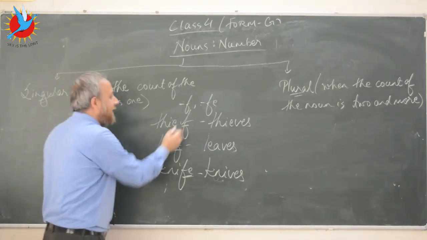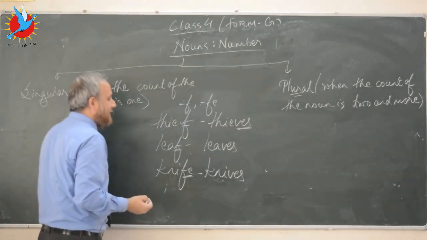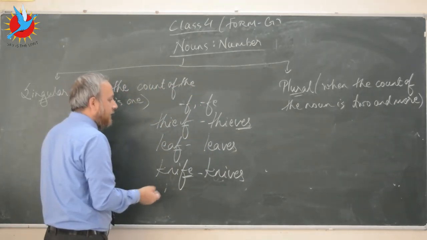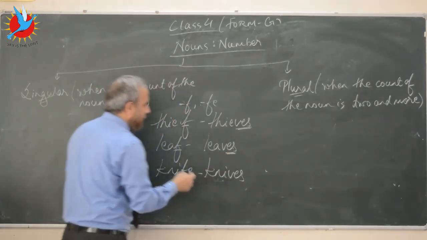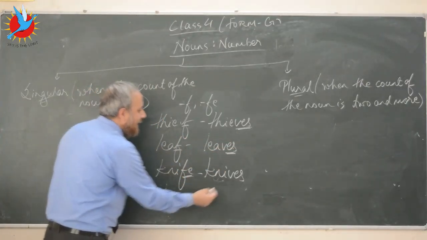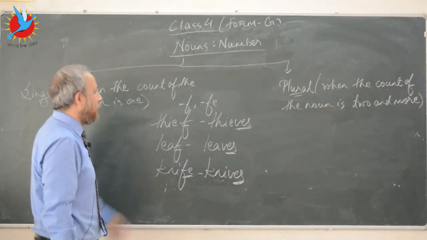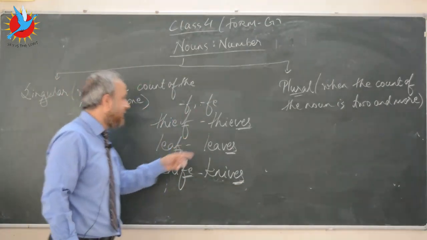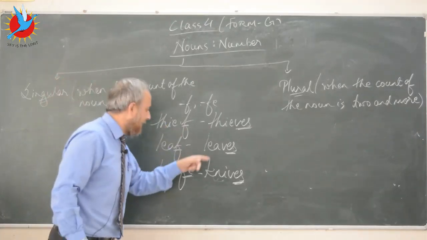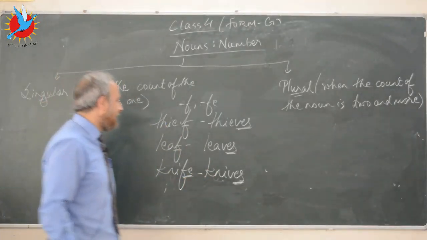So what have we done here, kids? We've removed the F, and in place of the F we've added VES. Again, we've removed the F and E, and changed it to VES. So the plural of thief is thieves, the plural of leaf is leaves, the plural of knife is knives. Let's try and write sentences.